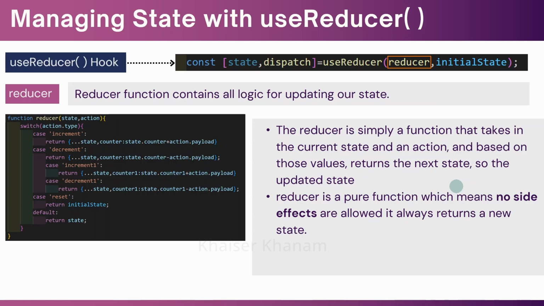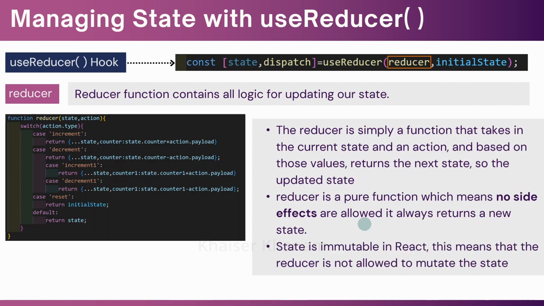It always returns the new state. Whatever previous state we have, it does not update that state; instead, it returns a new state. States are immutable in React, which means a reducer is not allowed to mutate the state. You can also say a reducer is not allowed to change the state.